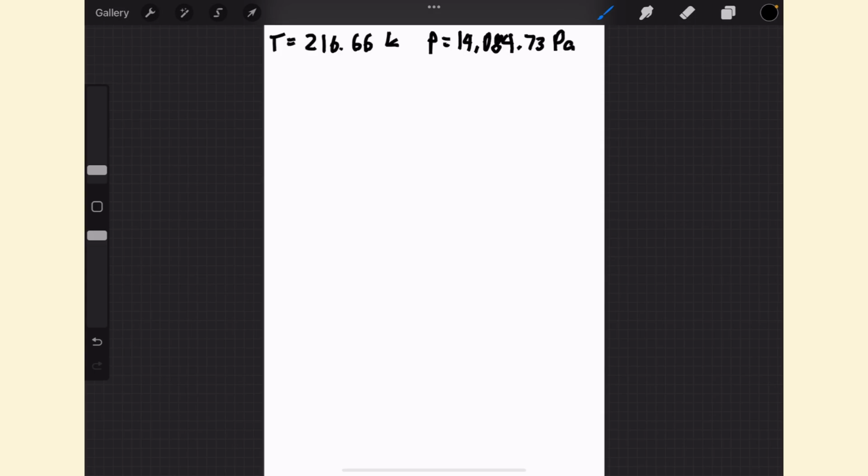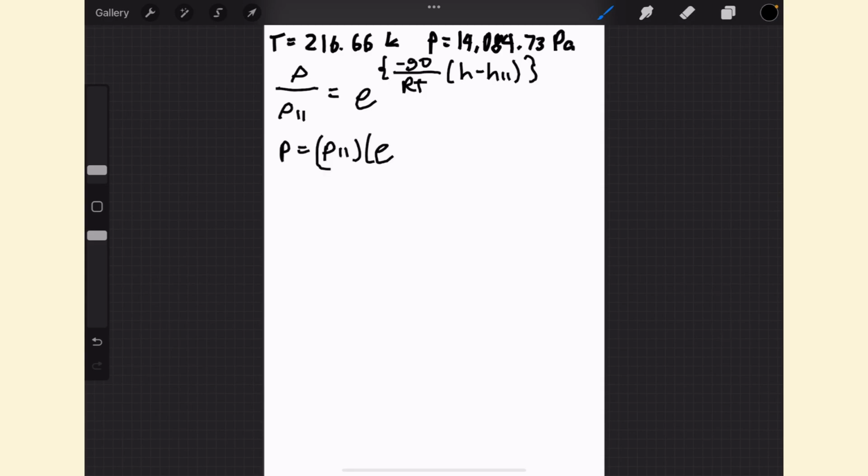Kaya yung working equation natin ay density over density sub 11 is equal to e to the power of negative g0 over constant temperature times (H minus H11). Yan. So, i-derive lang natin siya.